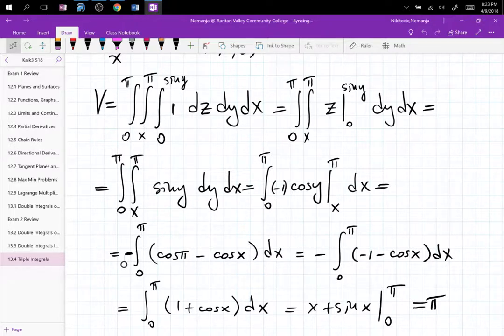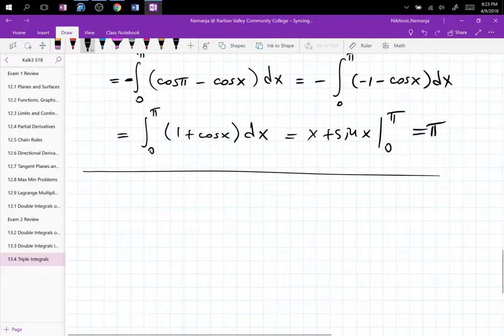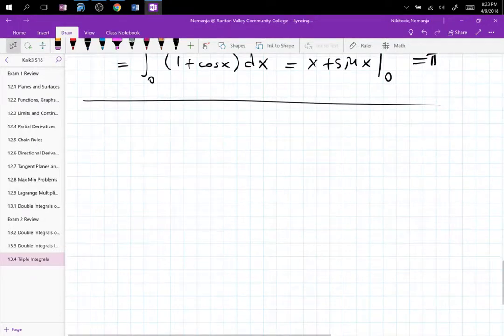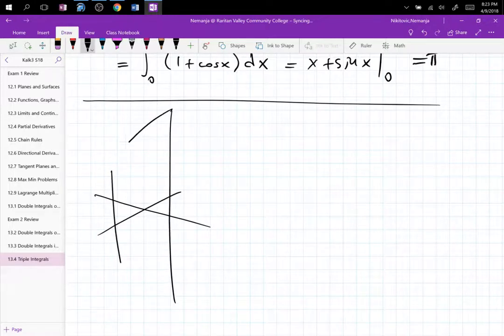Okay, let's take a look at this. So we're looking at problem 23. We have a cylinder that has been cut with two planes.